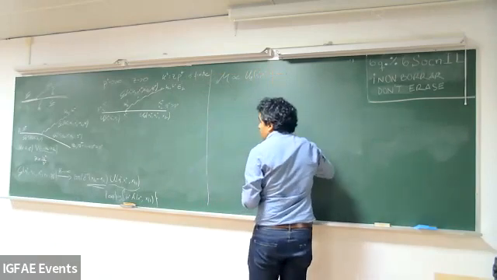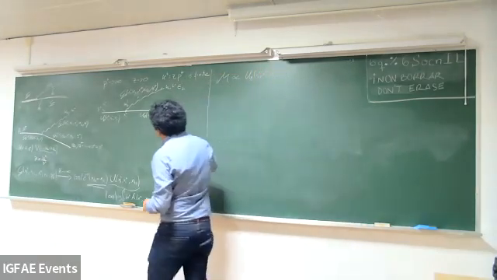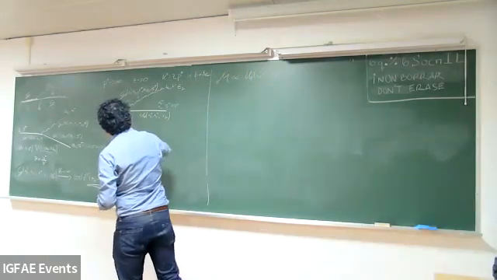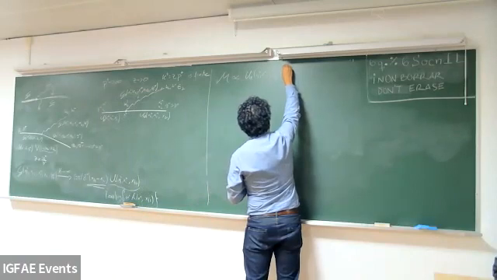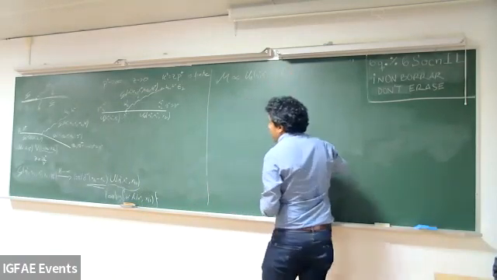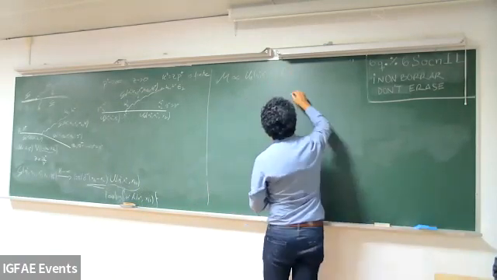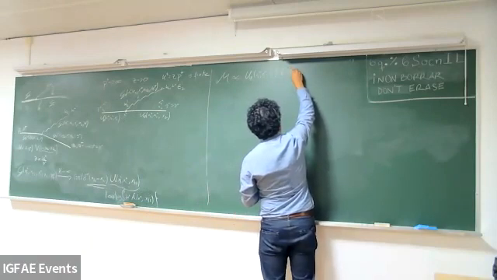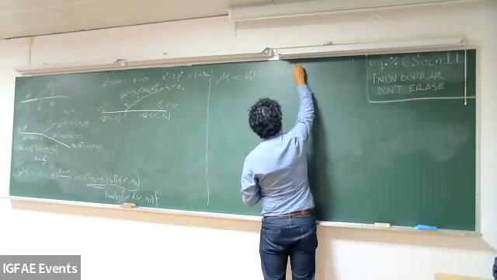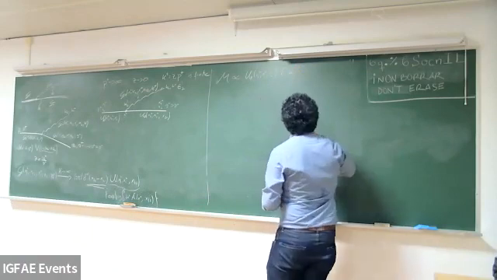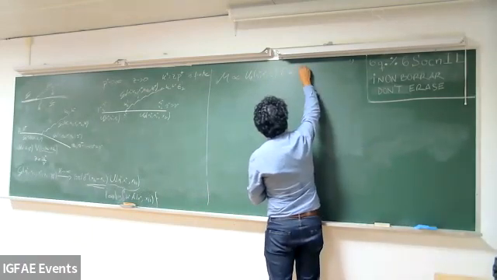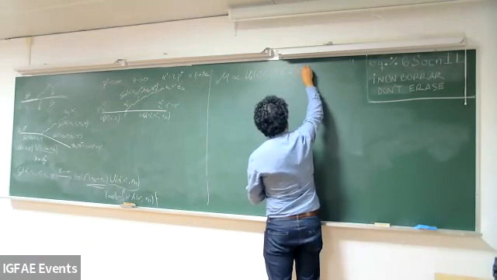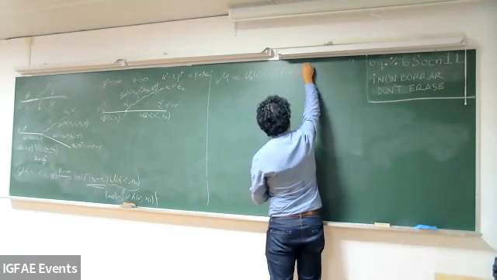And here at the vertex, I will have a color matrix, T^A. And I will have the factor of k1 perp, which is contracted with some kind of polarization vector.